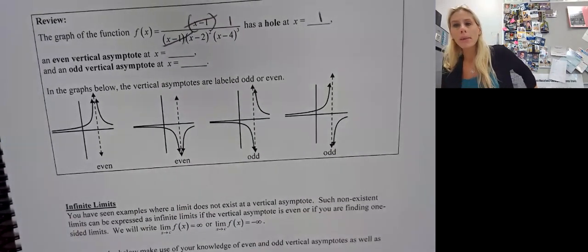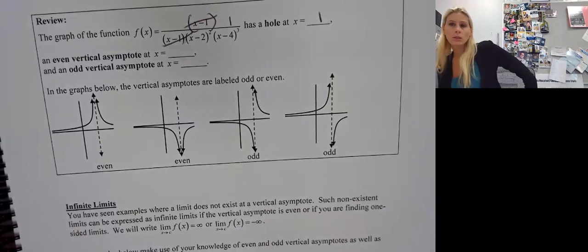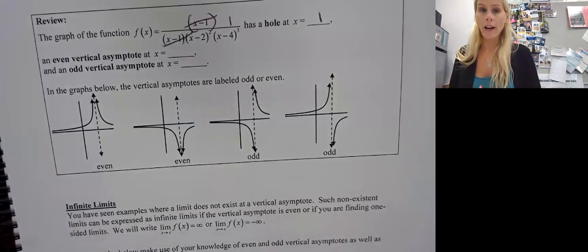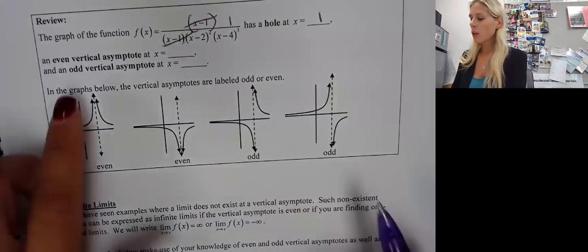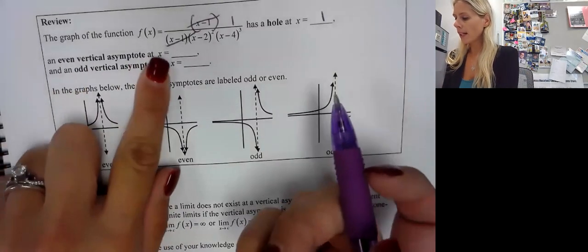Now, usually in the past, we've been talking about vertical asymptotes, and then we just don't categorize them. But the truth is we have an even or an odd vertical asymptote, and that comes from whether the exponent is even or odd. So we have an even vertical asymptote.